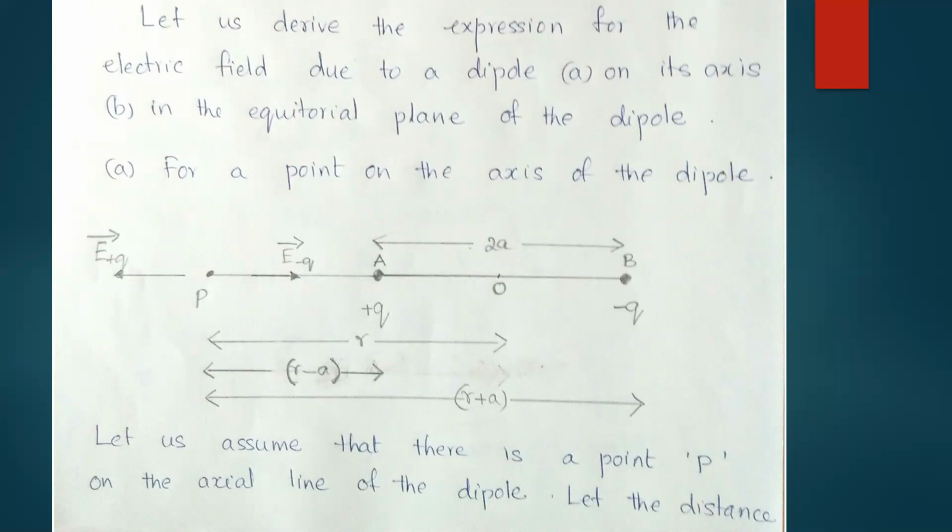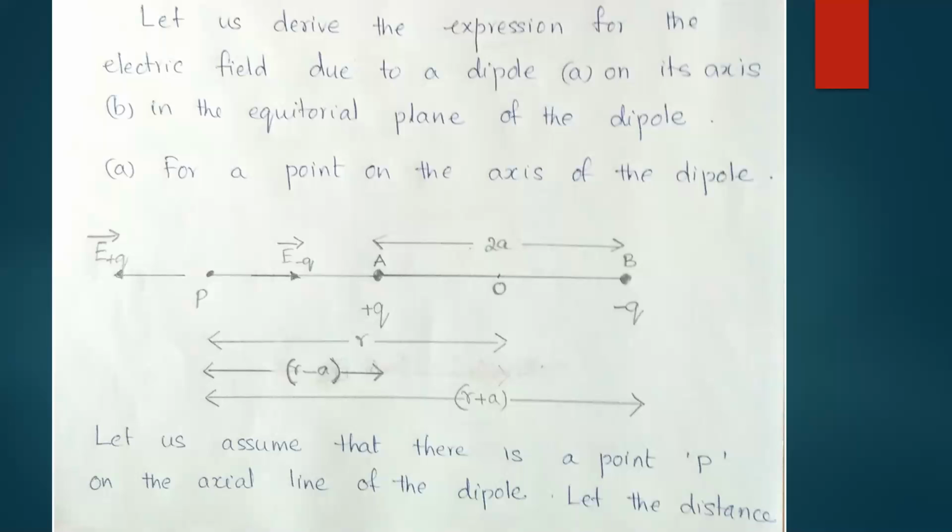The axis of the dipole means a line passing through both the charges. Here in this picture, you can see plus q is located at A and minus q is located at B. The distance between plus q and minus q is 2a. The center of the dipole is O, and the line passing through plus q and minus q is a straight line, which you can see in the figure.